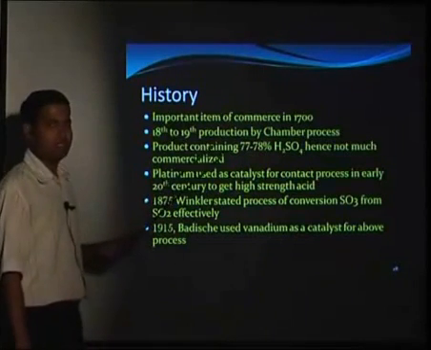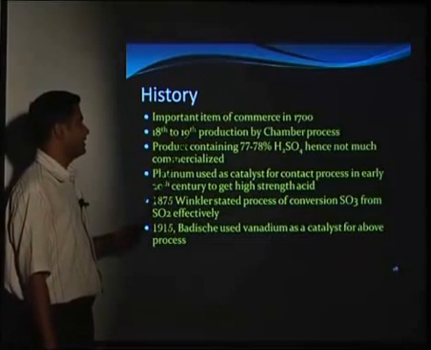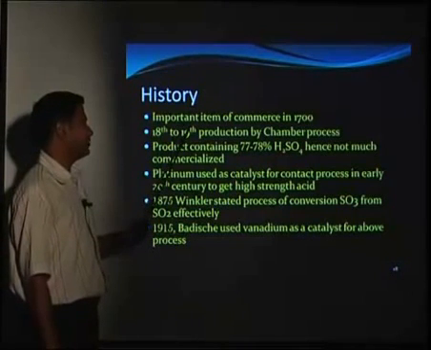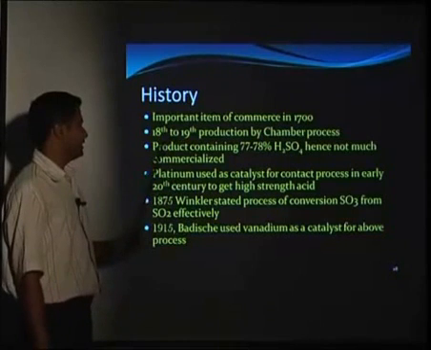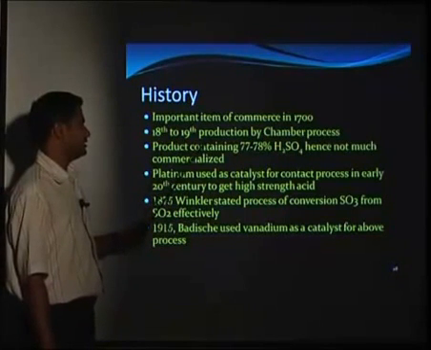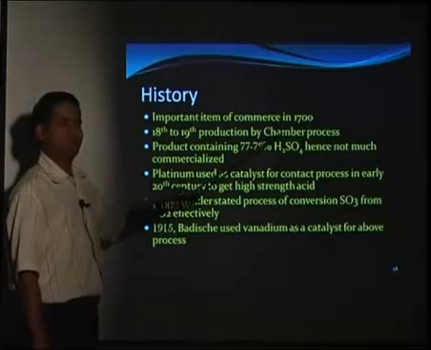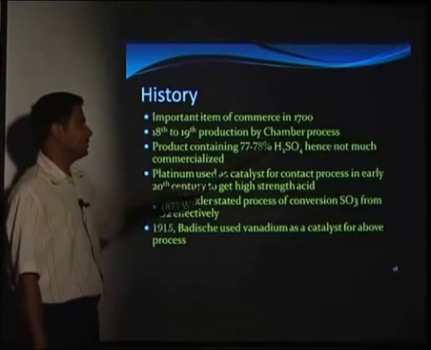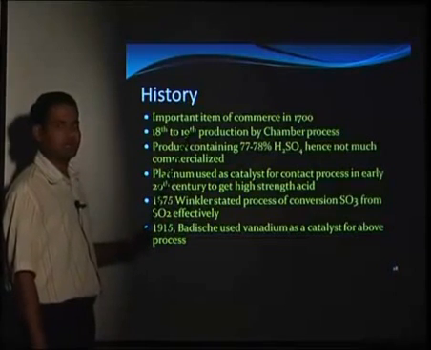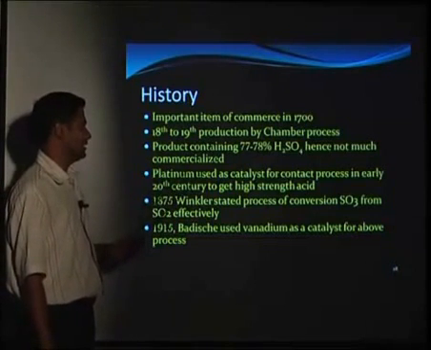If we see the history of sulfuric acid, it was an important item of commerce in 1700. Then in the 18th to 19th century, sulfuric acid was produced mainly by the chamber process. We will not discuss the chamber process, but we will discuss the newer process of sulfuric acid production.